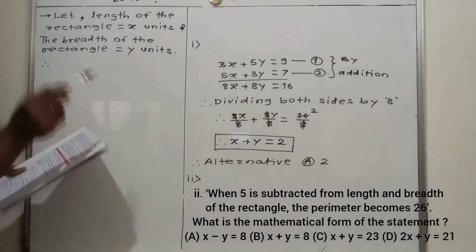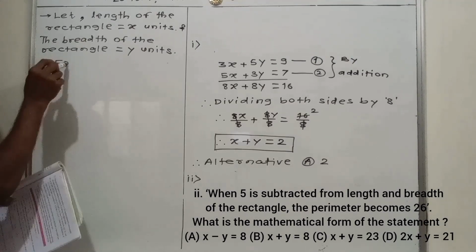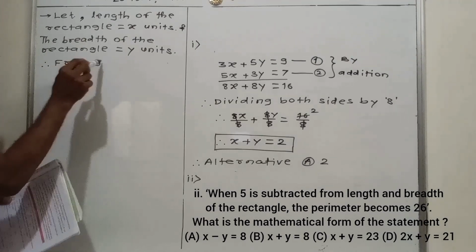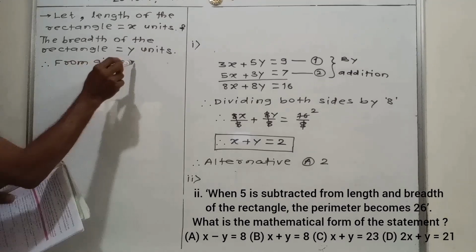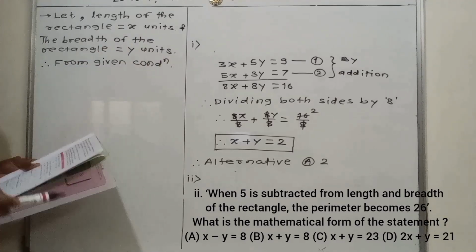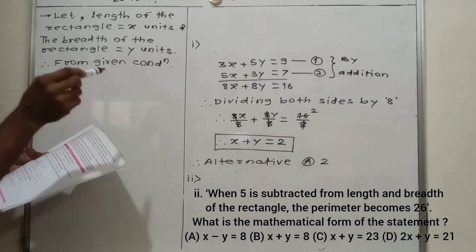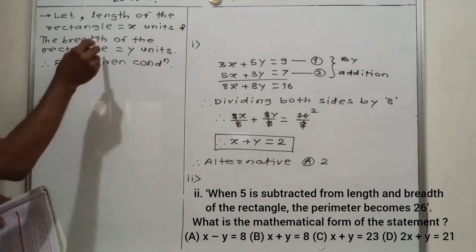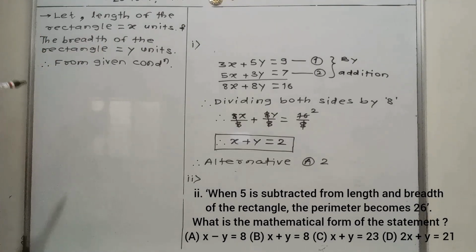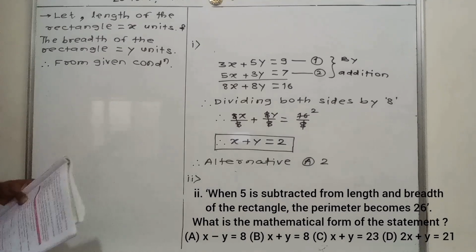Therefore, from given condition, what is the condition? Listen and see carefully. 5 is subtracted from length. Now, area of, not area, what is here? Perimeter, sorry.